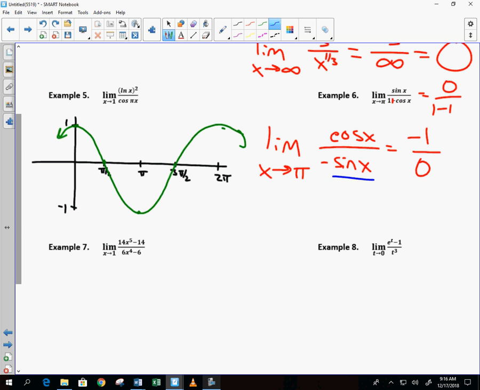And negative sine of x starts in the middle, and it's going to start by heading down and up from there, right? Okay, so this is how you handle a situation like this. You need to consider the graph, you need to consider the direction that's heading and all those good pieces here.